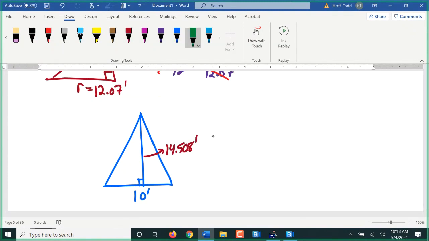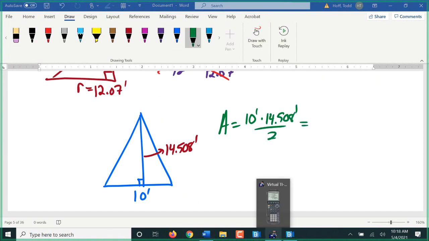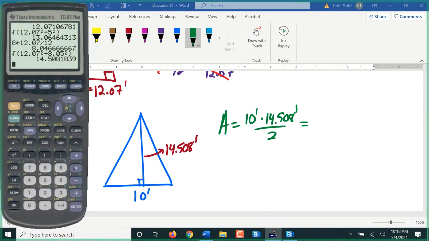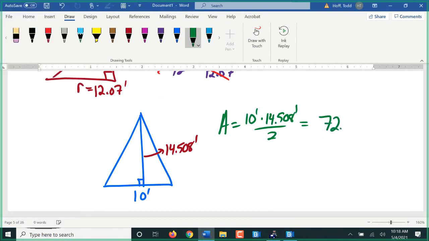So to find the area of an individual one of those triangles, it's 10 feet times 14.508 feet divided by 2, giving us 72.54 square feet.